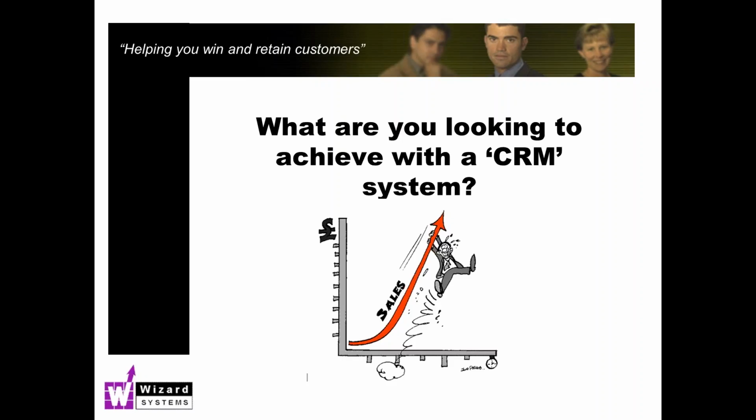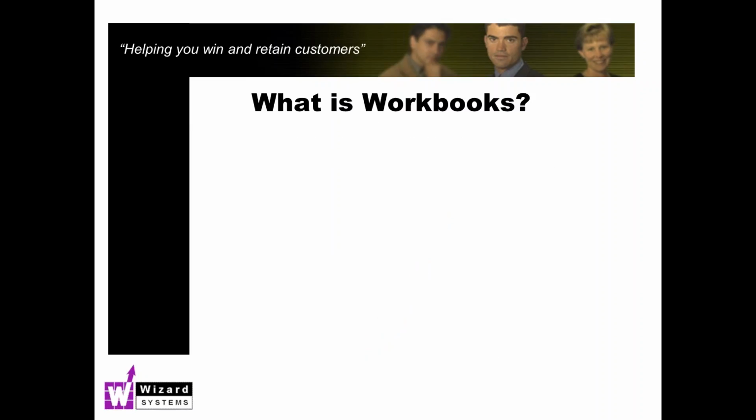Are you looking to do better marketing, track sales and quotes more effectively, improve customer service, improve time management, improve your reporting of KPIs in your company? Could be a combination of those. So it's very important for us, as a supplier, as a partner to you, to try and understand your issues and objectives, which is what we try and do from the outset of working with you.